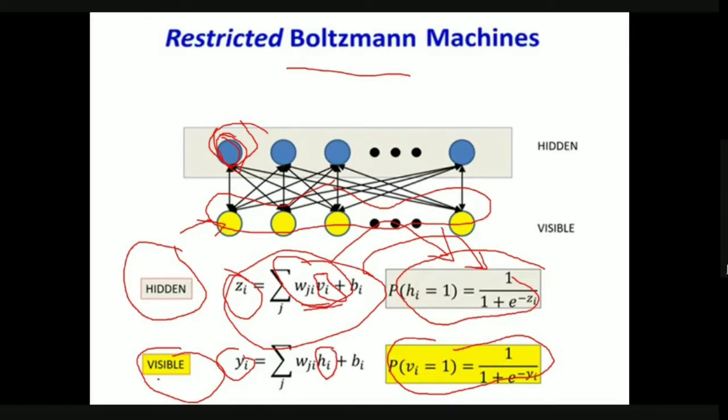That is, for a visible unit, we compute the weighted combination of the hidden units, and for a hidden unit, we compute the weighted combination of the visible units. So the hidden units govern the visible units, and the visible units govern the hidden units. This is what is actually happening in the restricted Boltzmann machine.